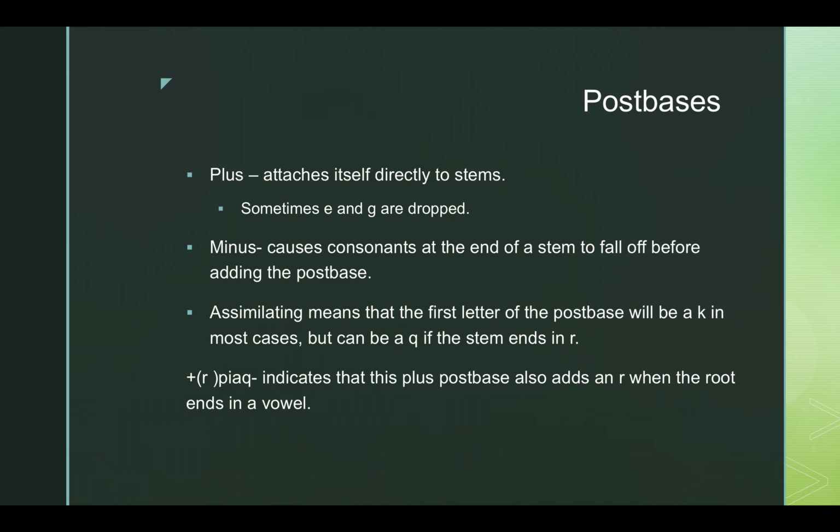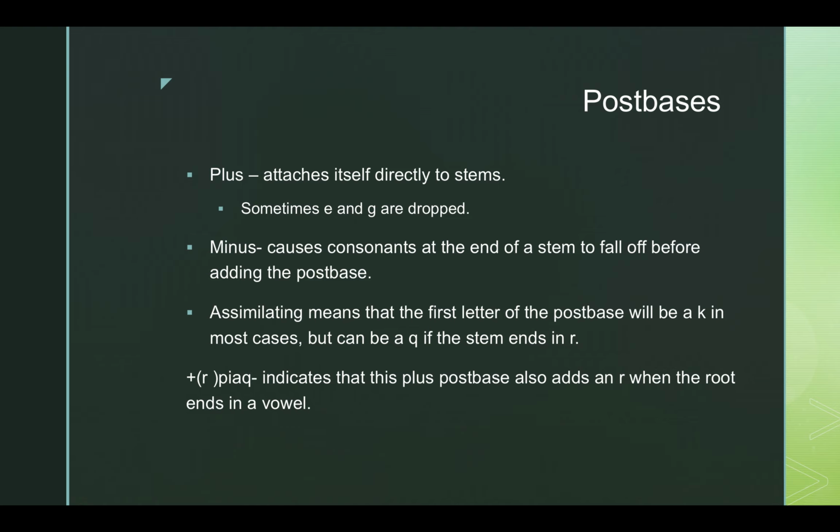So now let's talk about postbases. There are three kinds of postbases. The plus ones, plus postbases, attach themselves directly to the stems. Occasionally, an E or a G will be dropped. Minus postbases cause consonants at the end of a stem to fall off before adding the postbase.